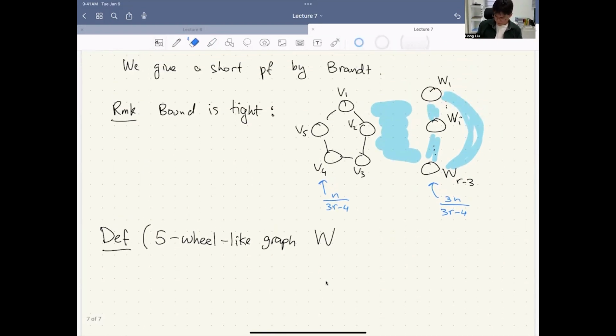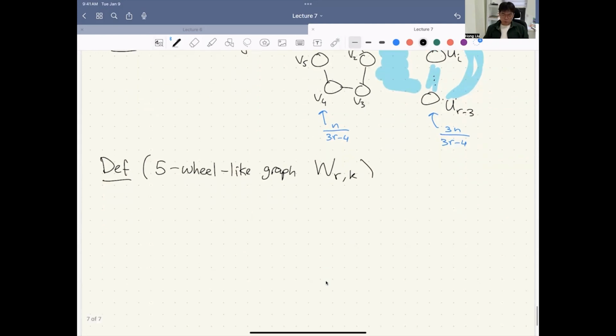Let me try not to confuse you. Let me not use W here. Let me use capital U. Okay. So this is the wheel-like graph indexed by 2 parameters, r and k. Okay.